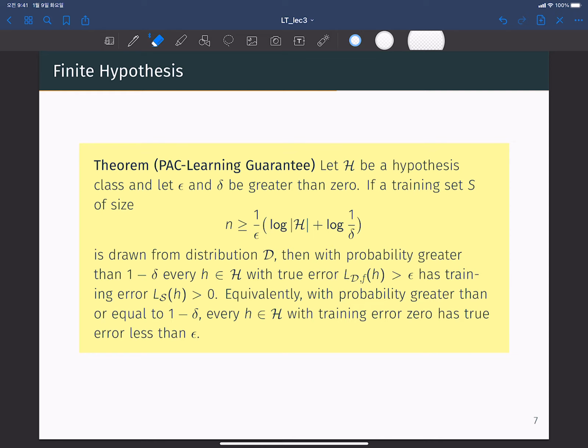A finite hypothesis class is a very nice starting point to understand the sample complexity. So this is the theorem for PAC learning with a finite hypothesis class. Let H be a hypothesis class and let epsilon and delta be between 0 and 1.